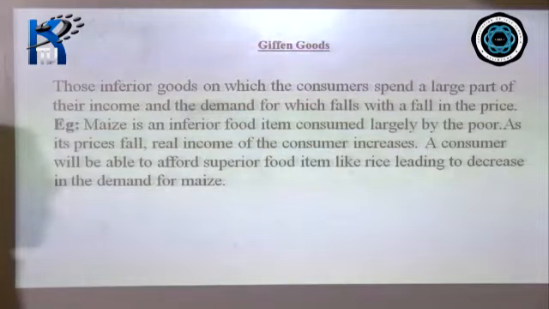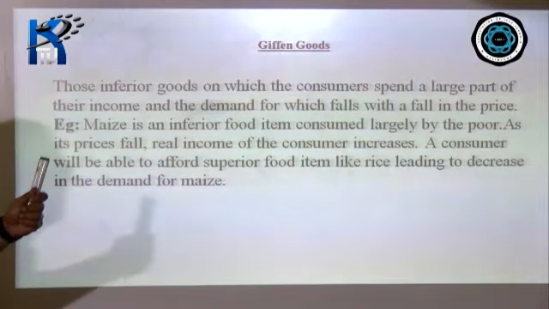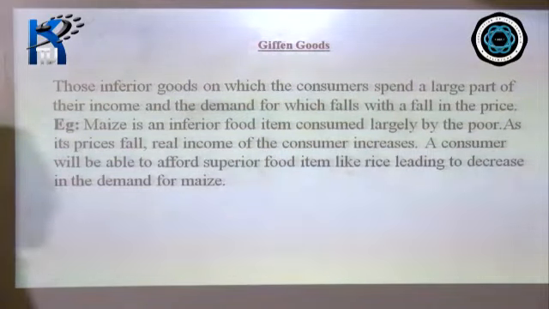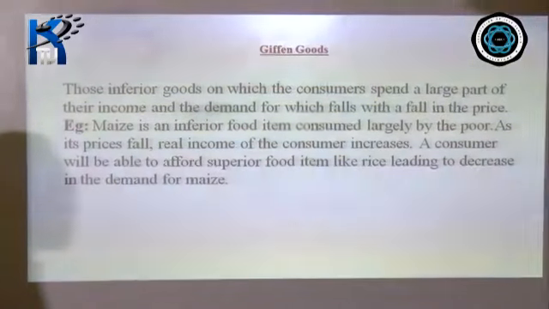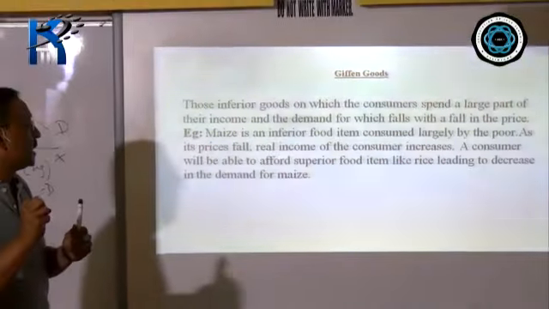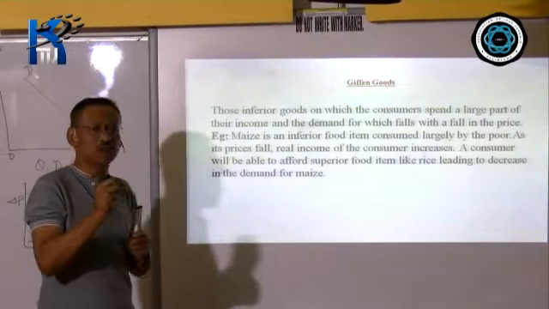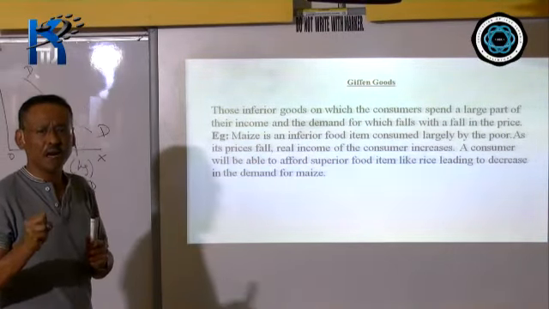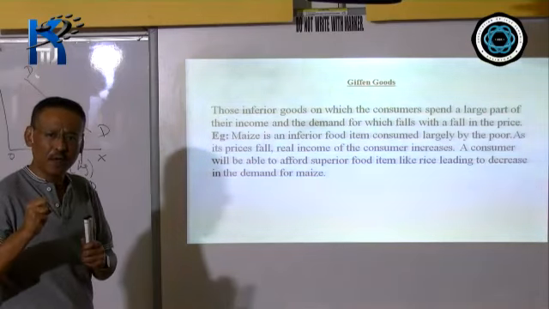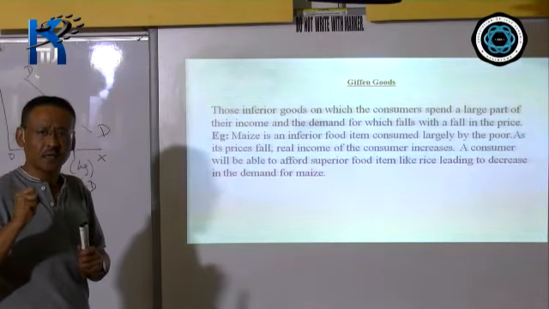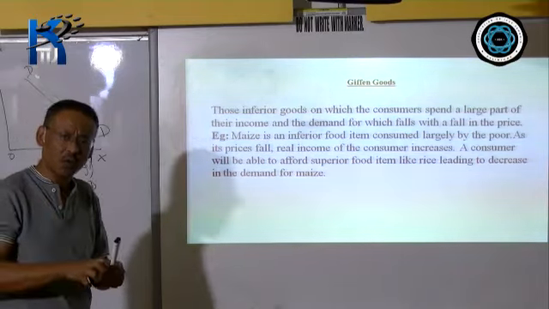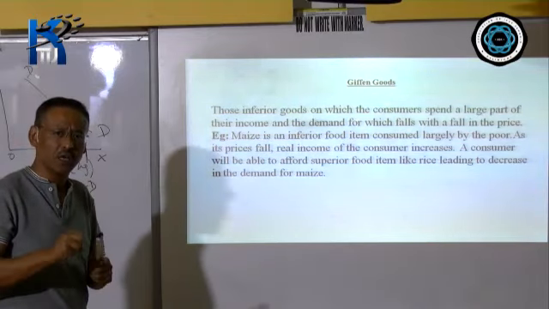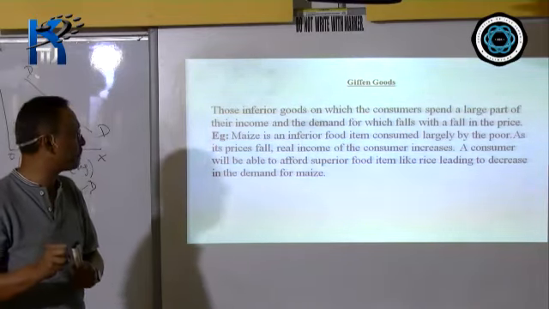They behave differently. However, when the price of these Giffen goods falls, the quantity demanded also falls. What should happen? It should increase. But here it will fall. When price falls, quantity demanded also falls. It does not follow the law of demand.